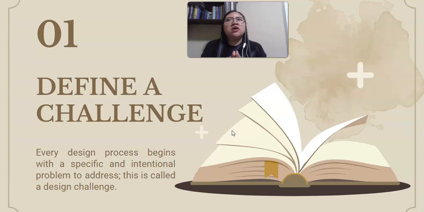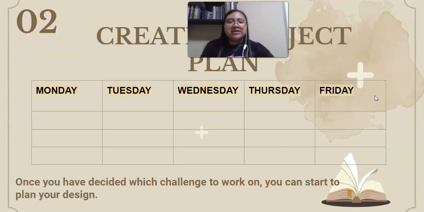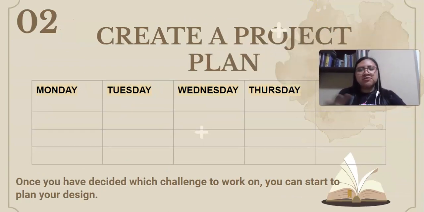Okay, so you say, in my classroom, my students are a little bit irresponsible, for example. So you are going to think about your students. According to the necessity or the environment that you have, you are going to choose a challenge. Then you are going to create a plan, like your project plan. Once you have decided which challenge to work on, you can start to plan your design.